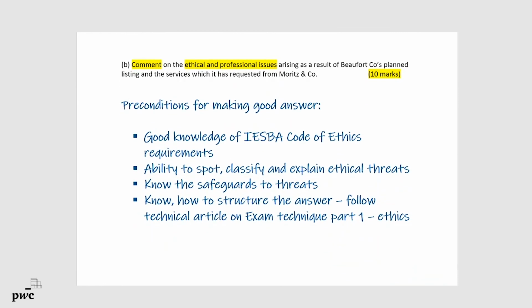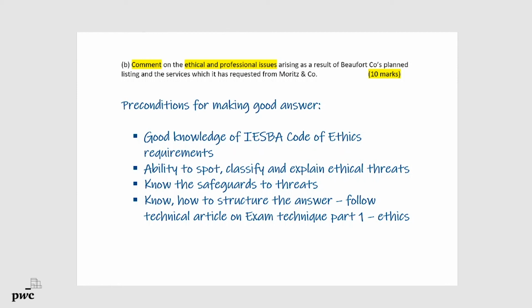The last scenario, which was examined in question number 3, was related to Moritz company, and it was a classical ethical and professional issues scenario. Well, a precondition for making a good answer in this area is good knowledge of the code of ethics and the ability to spot, classify, and explain ethical threats. It is also good if you know the safeguards which are applicable to the threats and can decrease them to an acceptable level.